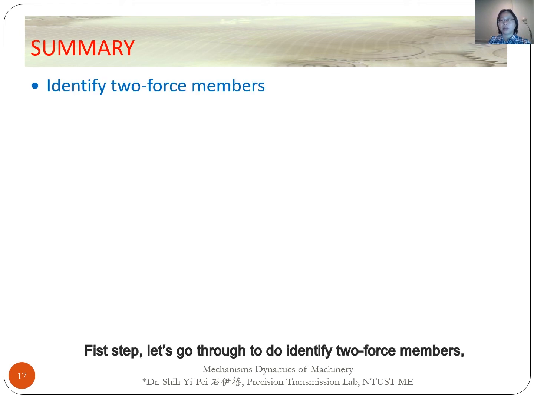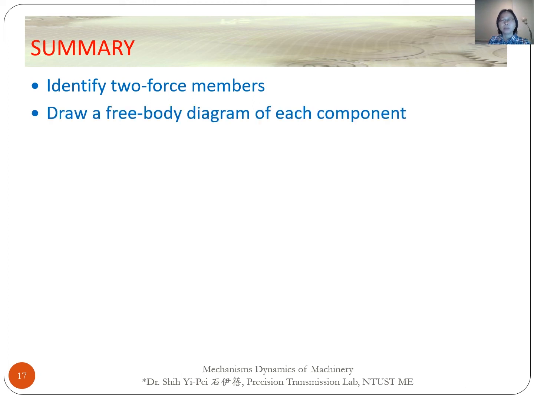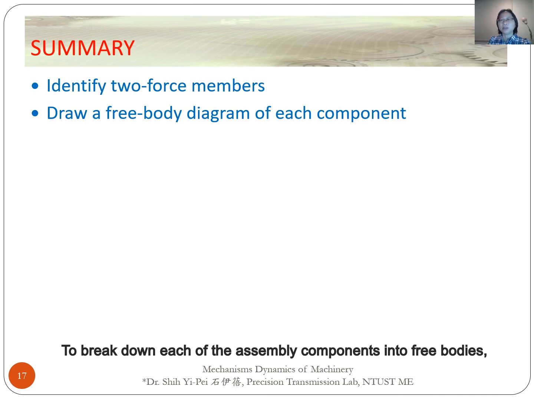The first step is to identify two-force members. Why do we do that? Because this will greatly simplify the free body diagrams. Then break each of the assembly components down into free bodies, and draw the forces of the reactions on each component.